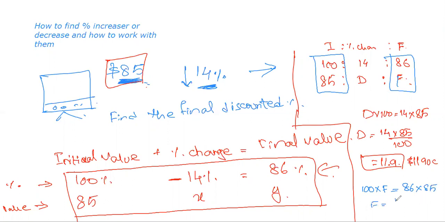So my F would be 86 times 85 over 100. Clear? So this would turn out to be 73.1. So my final discounted price is $73.1. Clear? Let's do another question.